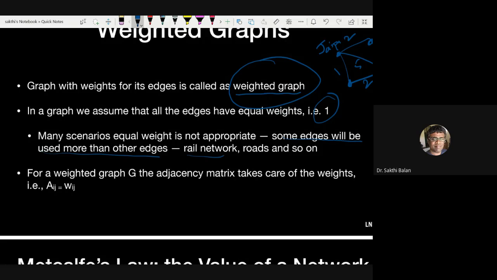In a rail network, some of the edges might be used many times, and some may not be used many times. So you may have to give more importance to some of the edges than the others, and in that way you give some weight for that.